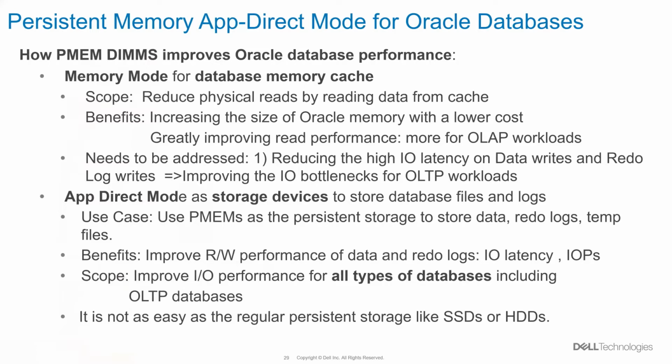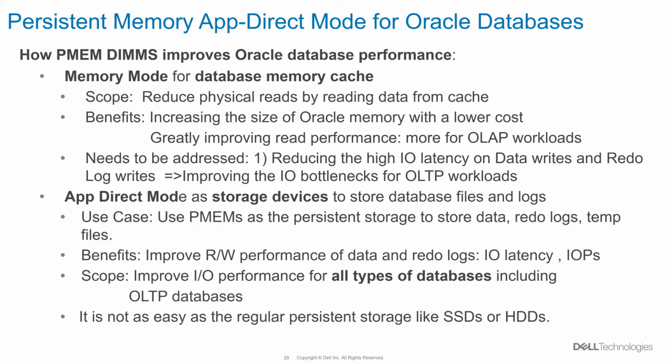And as Tony presented, the great benefit of memory mode is that it provides a much bigger memory footprint so that you can cache the entire database in system memory, which in this case is based on persistent memory, because persistent memory has larger capacity and is also relatively less costly than DRAM.